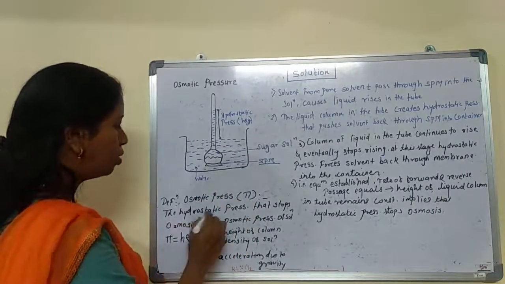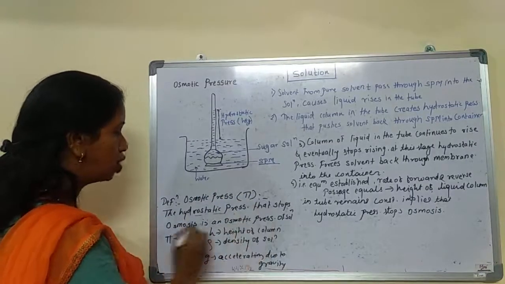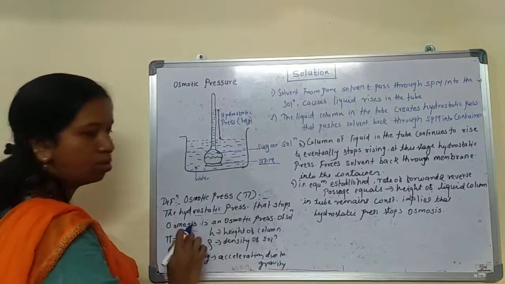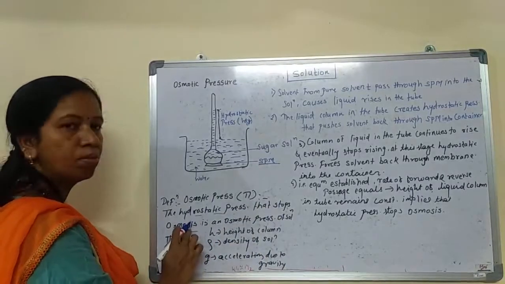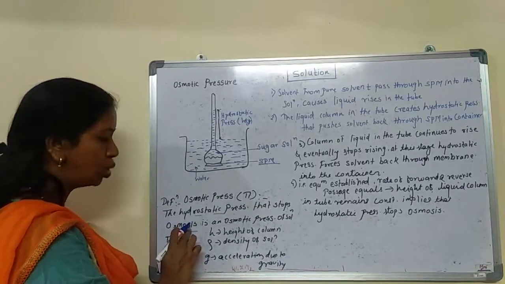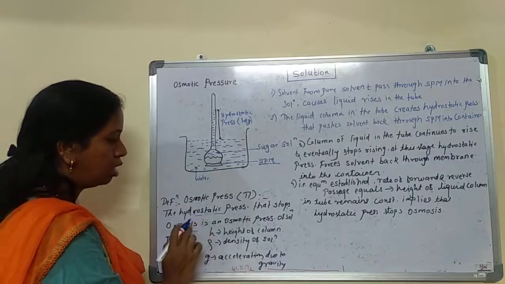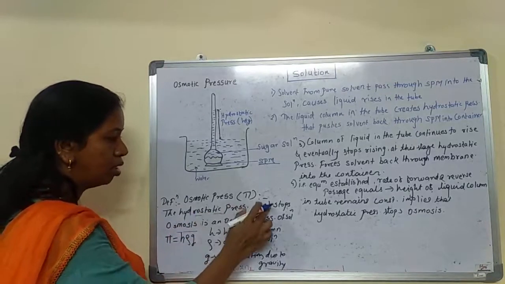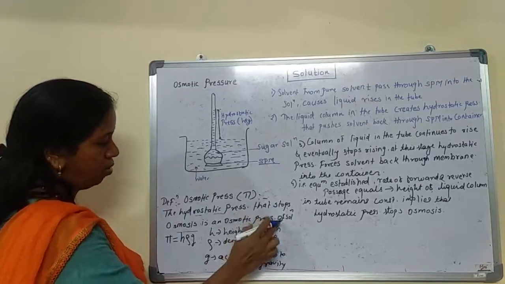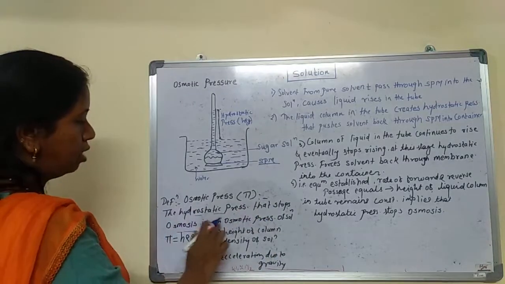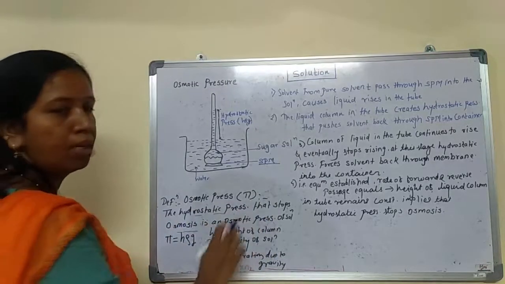So the hydrostatic pressure that stops osmosis, that is, the passing of solvent molecules into the solution, is called the osmotic pressure.